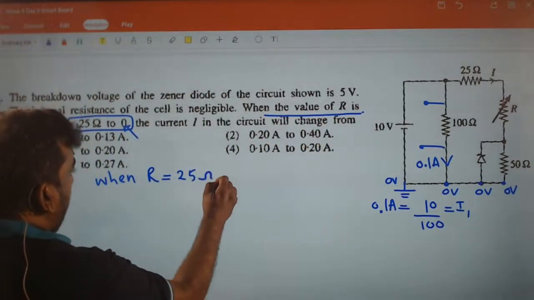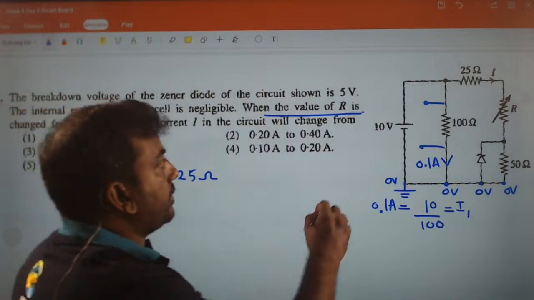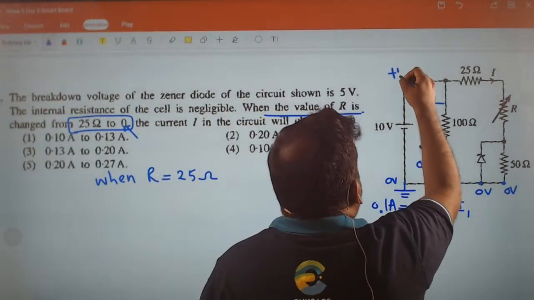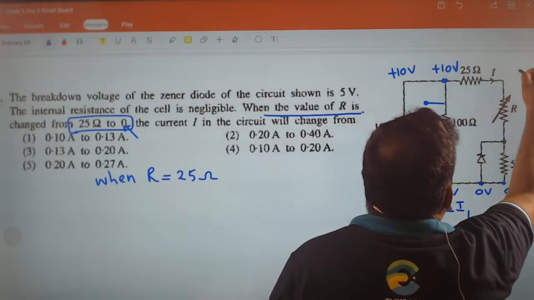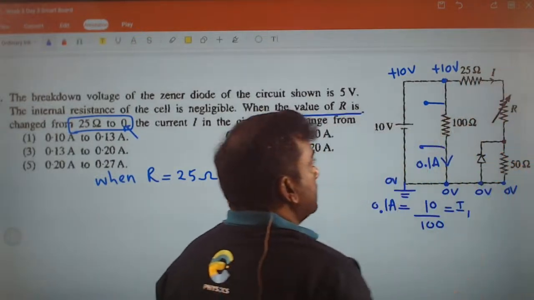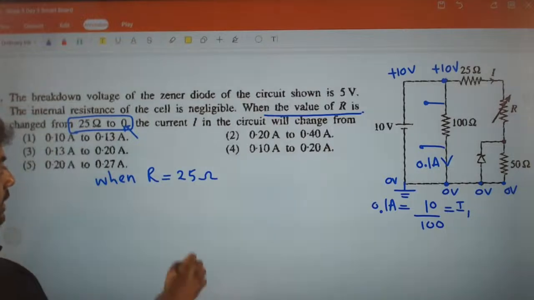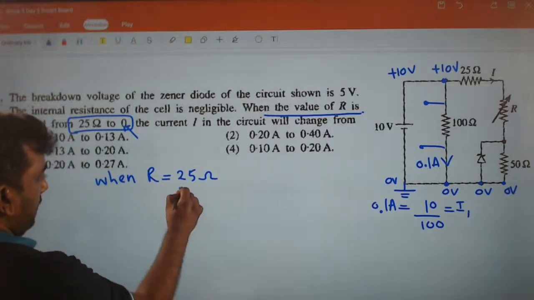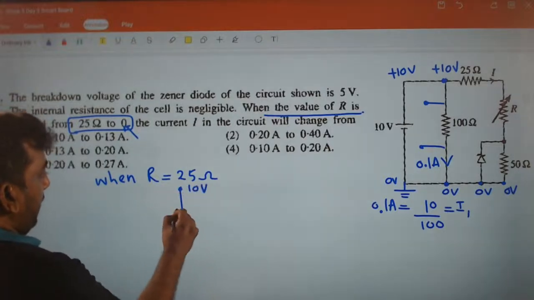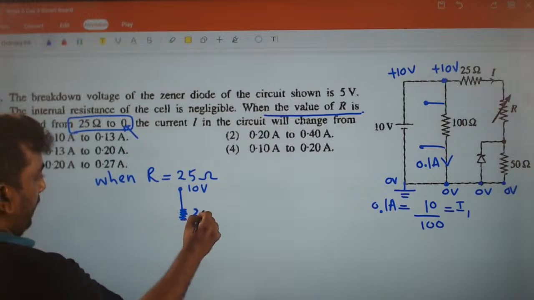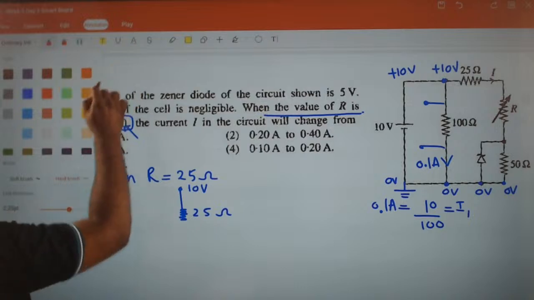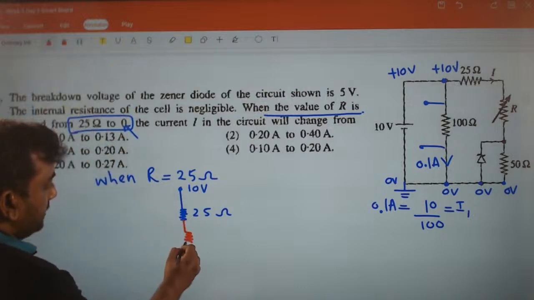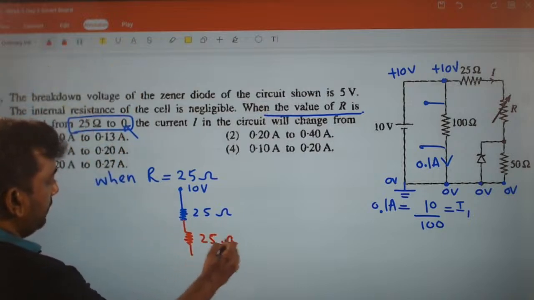So if there is 25 ohm here, 10 volt here, this branch. So here 10 volt is there, 25 ohm is anyway there. Here resistance is 25 ohm.